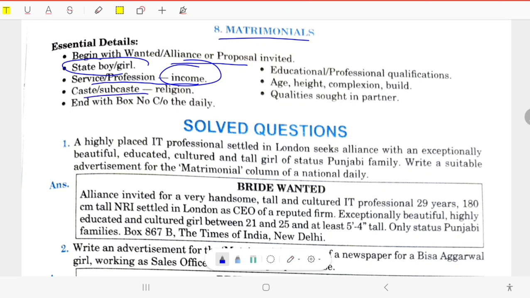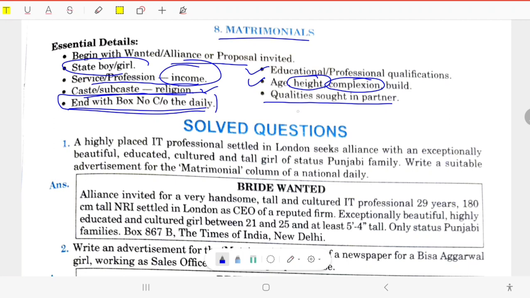Caste and subcaste means which community or religion you belong to. Educational qualification is needed, age is needed, height, and complexion means color, and other qualities which you want to see in your partner, that is needed to be written. And matrimonial advertisements generally do not end with a contact number.